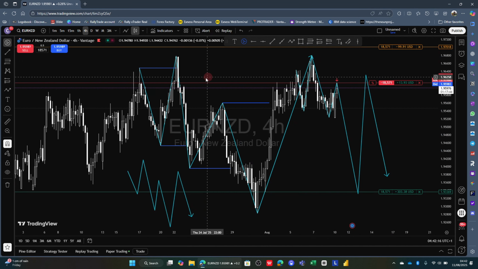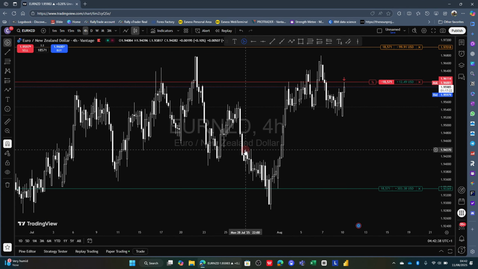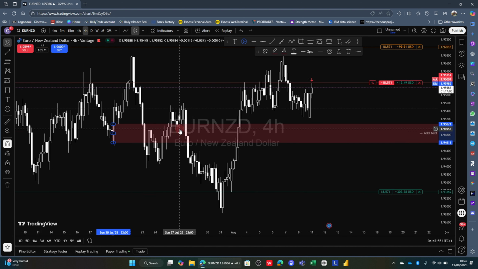We can see that in this whole area here, allow me to remove all of these drawings. Now allow me to remove all of this drawing. Let's go. So you can see right here, all over this spot, I can find a good demand zone, a good supply zone here. But here there is a demand zone, so we're going to call this demand zone out.